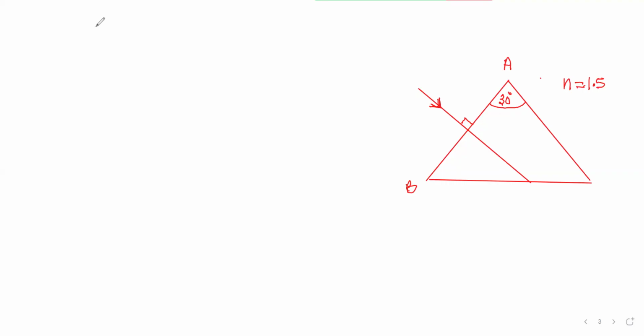Under this condition, I is 0. Now, when I is 0, the ray goes undeviated at the refracting plane AB.